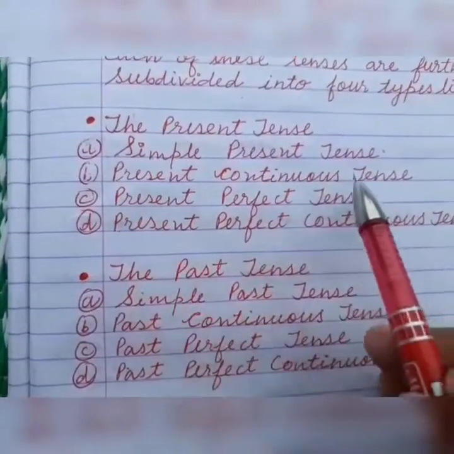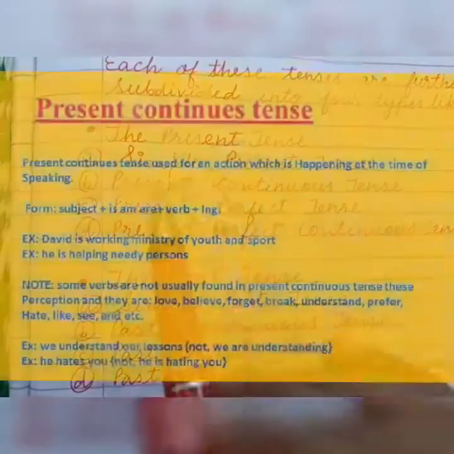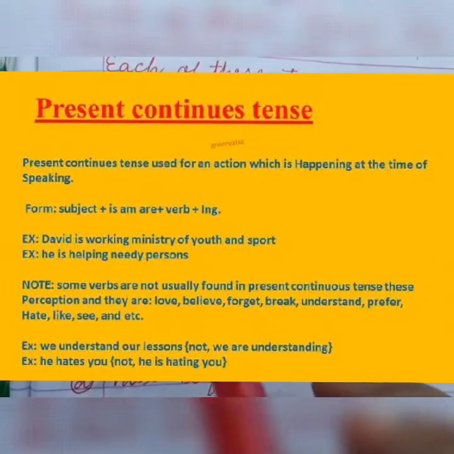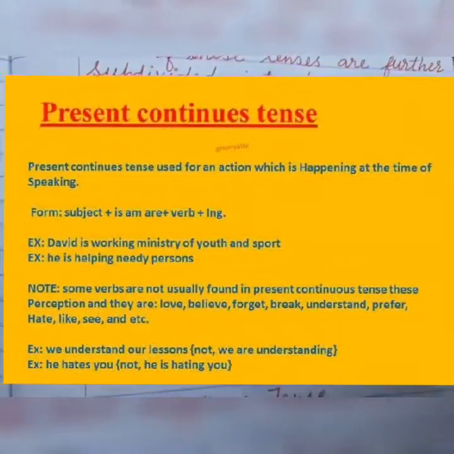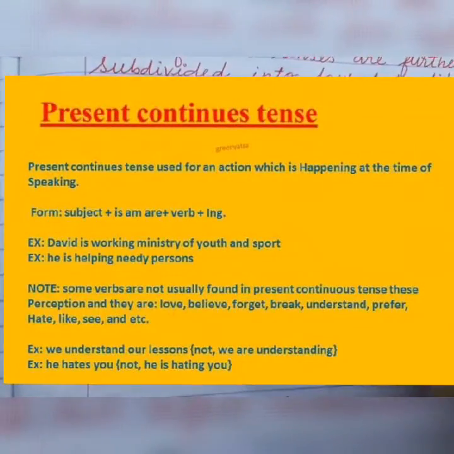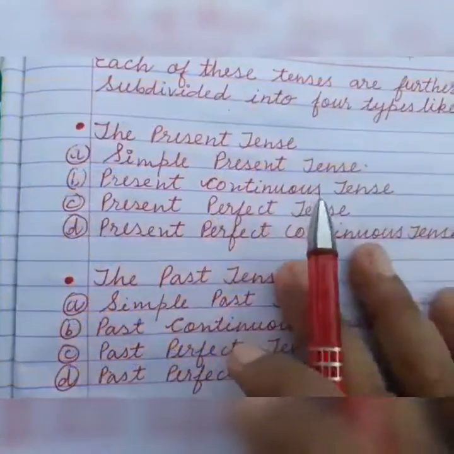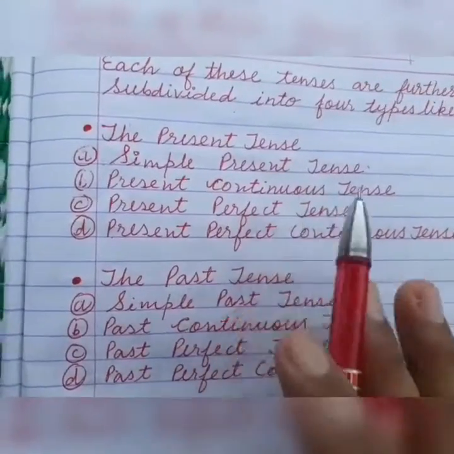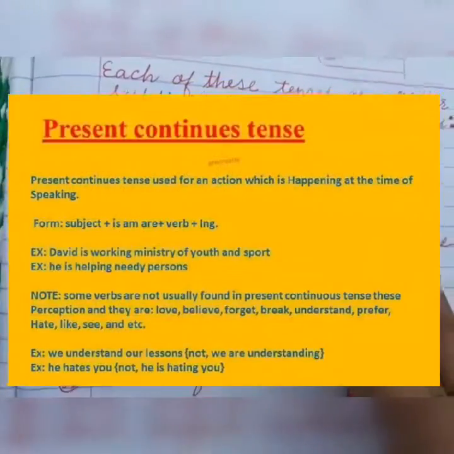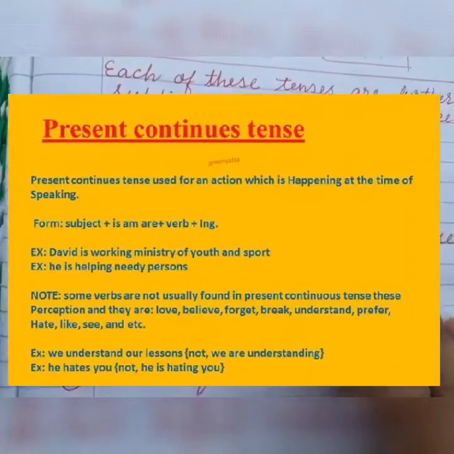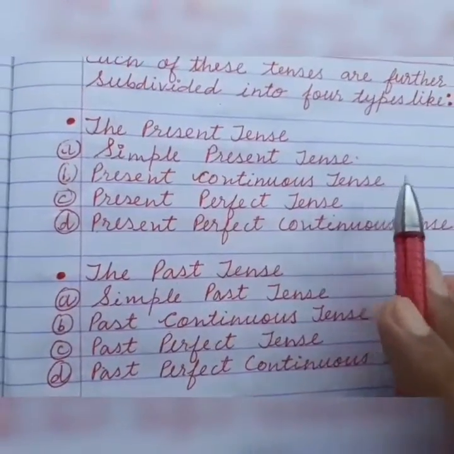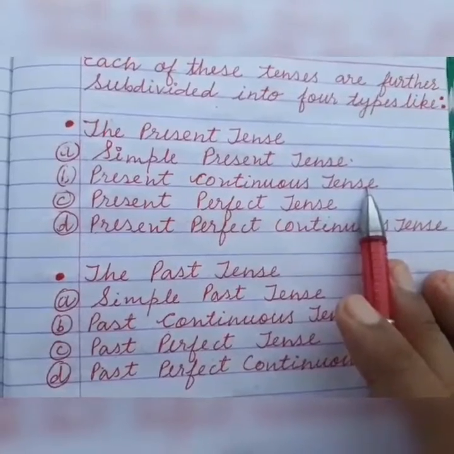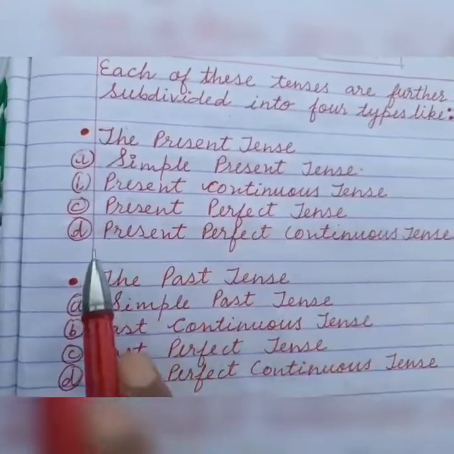And present continuous tense for any temporary work, or if any work is in progress in present time. You should remember two things for continuous tense: the work should be temporary or in progress. That's why present continuous tense is called present progressive tense.